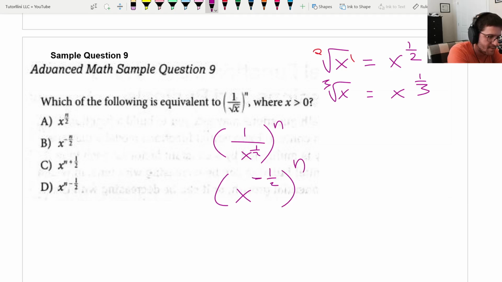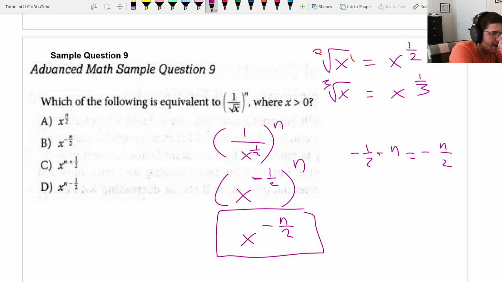That's just a rule of exponents. You got to know that. Definitely look up a video on rules of exponents if you're not sure. And now another rule of exponents tells us when we have a power to a power, we multiply the powers together. So negative 1/2 times n, 1 times n is just n, so it's negative n over 2. So we're going to write x to the negative n over 2, and that is answer choice B.